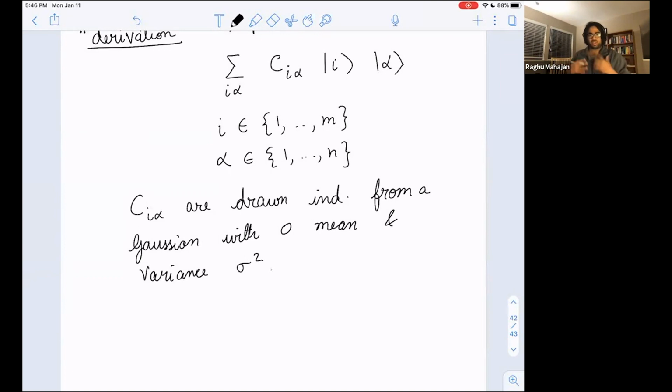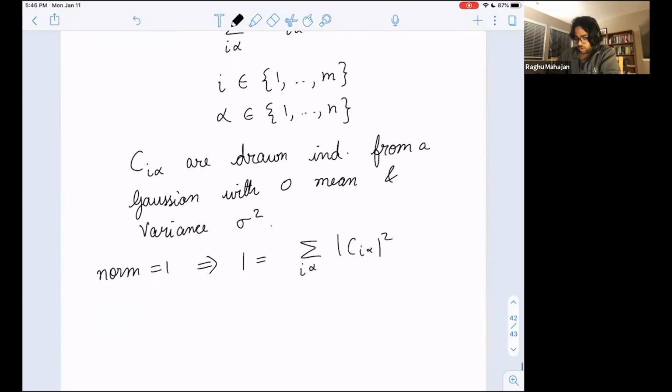Okay, so I just have m times n IID random variables, and I pick them to form the state. But the state has to be normalized. So norm equals 1 implies that 1 equals the sum over i and alpha of |C_i alpha| squared. Now I can take an expectation value of this equation. That's sigma squared times mn, right?